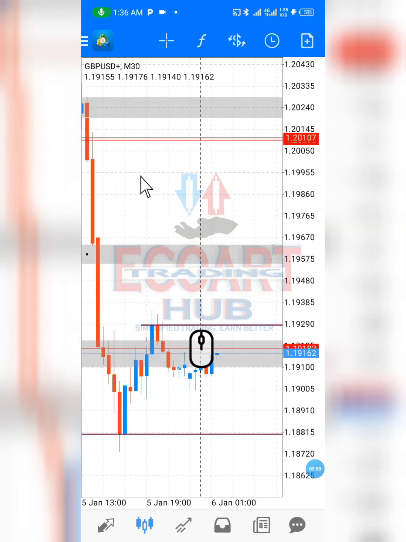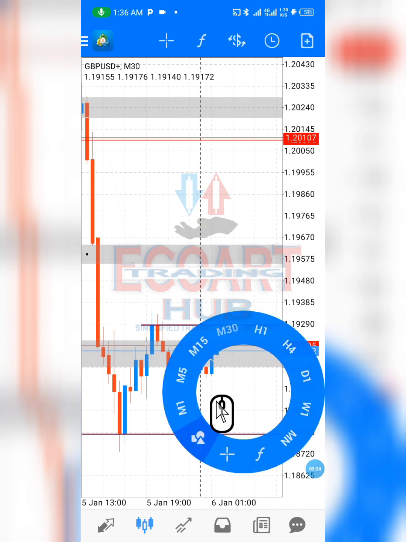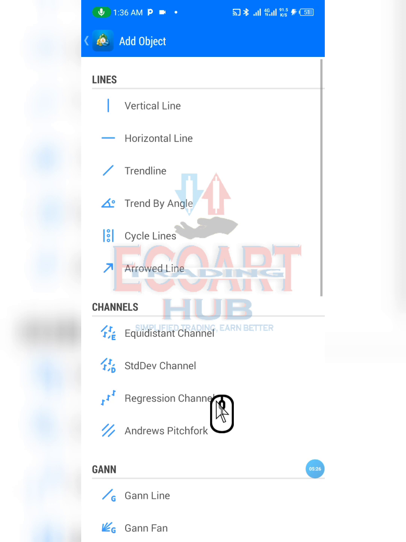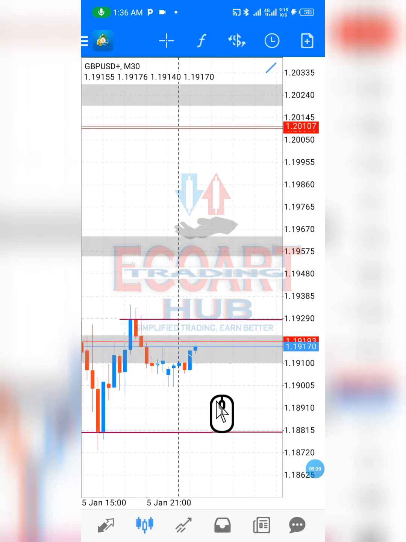Now if you take a close look at this point, we got another swing low here. I'm doing this because of the smaller time frame. Now I'm going to show us what will happen on the smaller time frame. So I'm using this trend line for 30 minutes, and I'm going to mark this region.